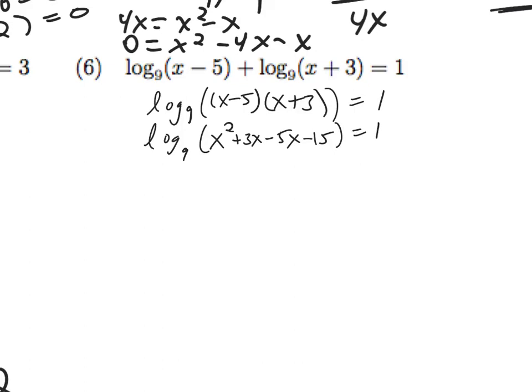And then I can go ahead and combine these two inner terms, making them negative 2x. And then I'm going to go ahead and change this to exponential form. 9 to the power of 1 equals this. Subtract 9 from both sides.